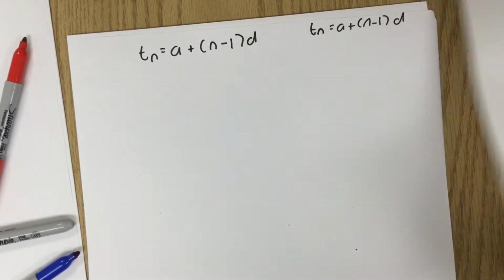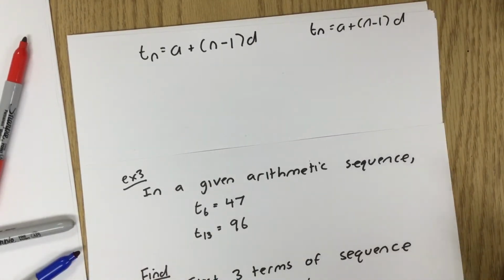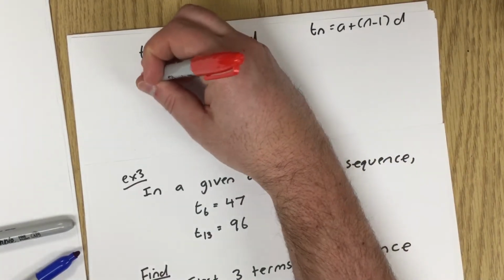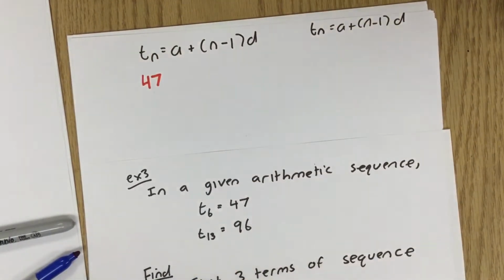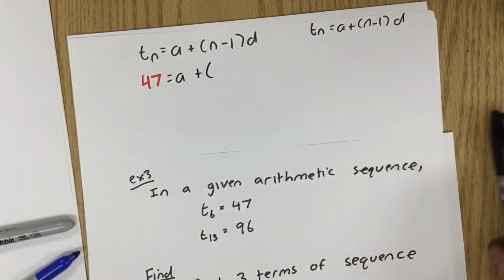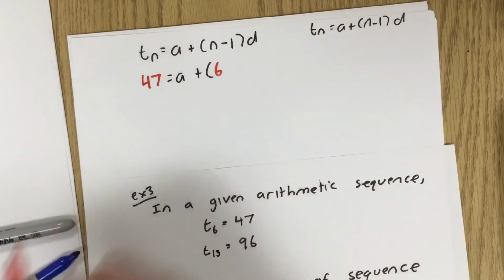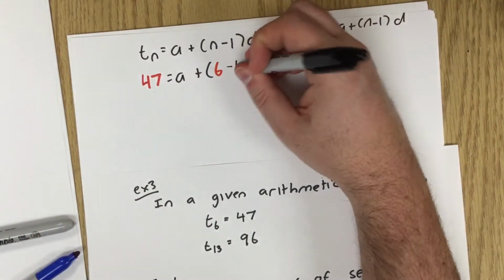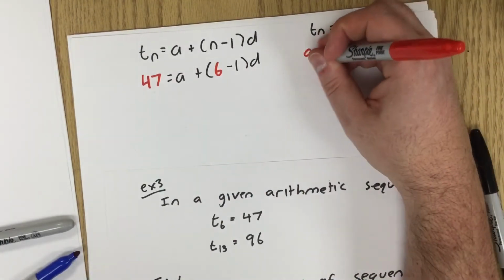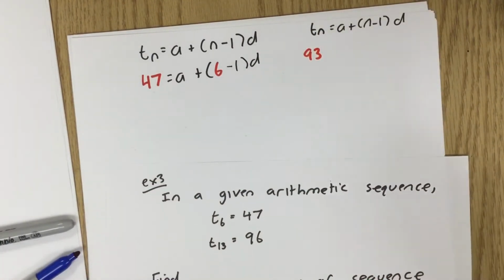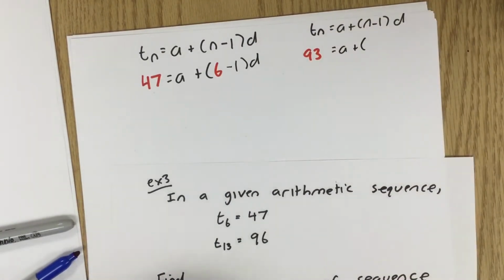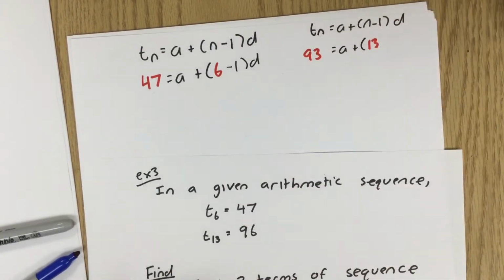So we know that T6 equals 47. T of n is 47, and that happens on the 6th term, when n is 6. And similarly, we know that 93 happens when we have the 13th term.